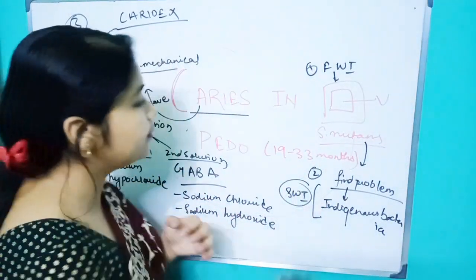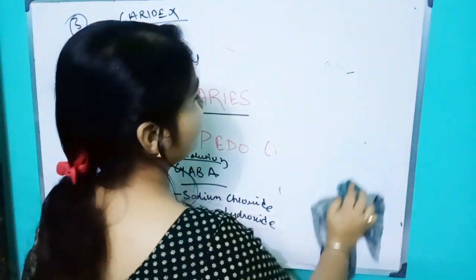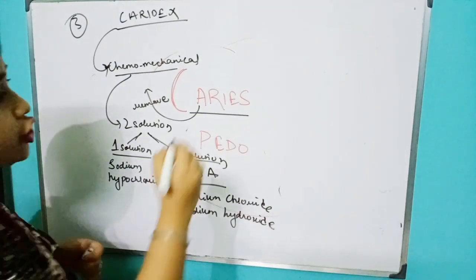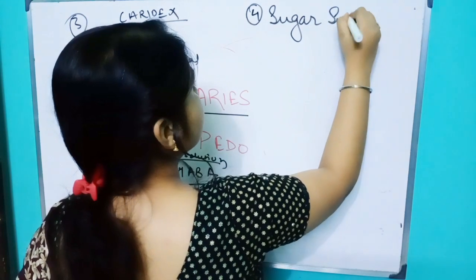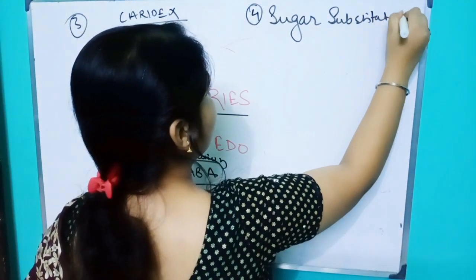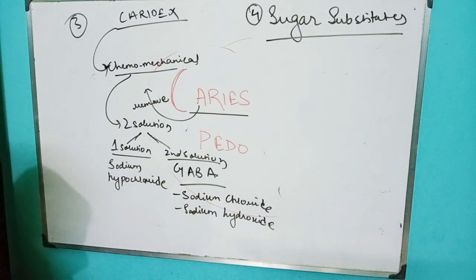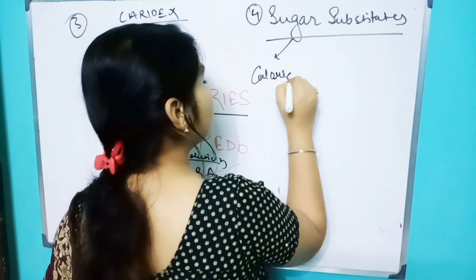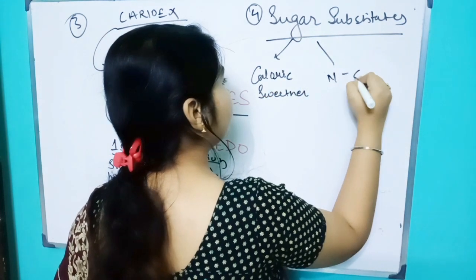Okay, now come to your fourth point. What is the fourth point we are going to learn in this topic is sugar substitutes. What is sugar substitute? It is divided into caloric sweetener and non-caloric sweetener.